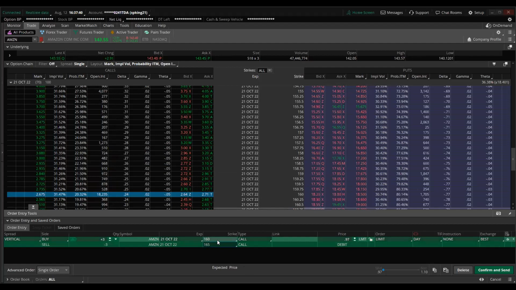And that's exactly what we're talking about here, because the difference between 160 and 165 is $5, but it's costing me $1 to do that. So that's $1 risk to make $4. Does that make sense? So there's how I'm coming up with risking 1 to make 4. Does that make sense to everyone?